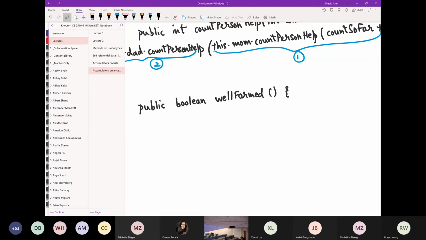How do we solve that? We know this person is younger than the person's mom if this person's year of birth happens to be after the mom's year of birth. But we run into the tiny problem that we don't know for a fact that the mom is a person. The mom may not have a year of birth for us to compare.